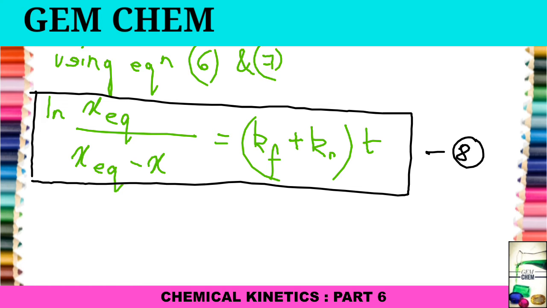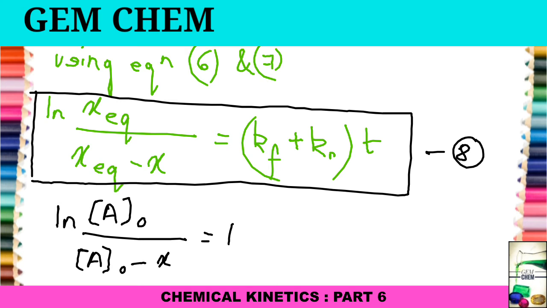Simply this is a first order reaction with respect to A naught. Here A naught is being replaced by X equilibrium and K with Kf and Kr. See, we have already seen the first order equation like this, that is ln A naught by A naught minus X equals to Kt. So here K is Kf plus Kr, whereas this A naught is X equilibrium.